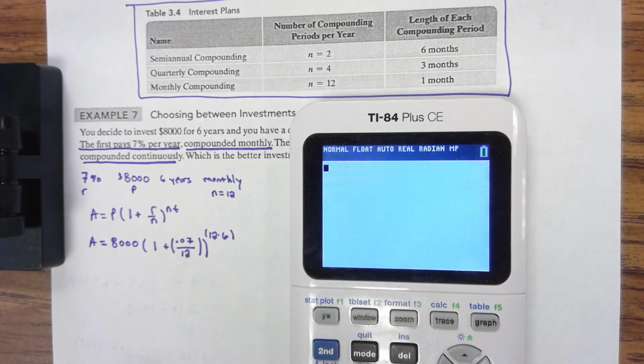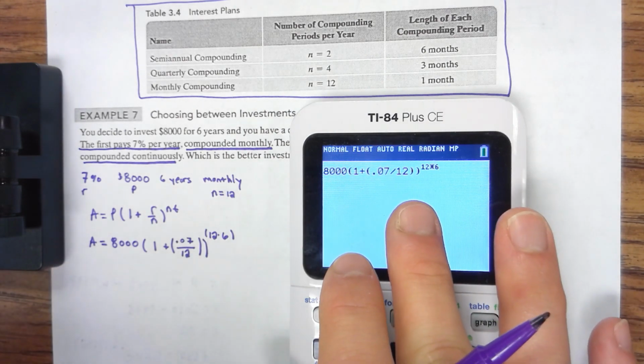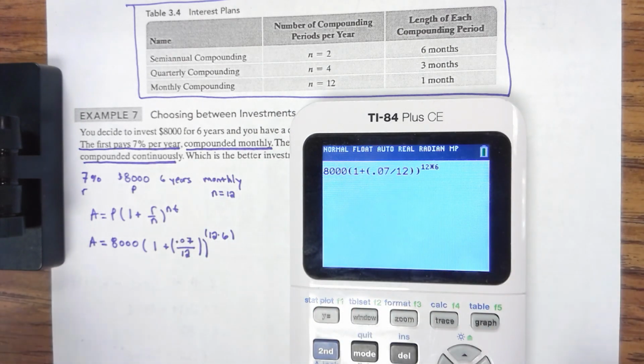So I'm going to type it in all in one go. 8,000 times (1 plus 0.07 divided by 12) to the power of 12 times 6. Because this calculator automatically puts me in the exponent, I don't need parentheses around that exponent, but it never hurts.